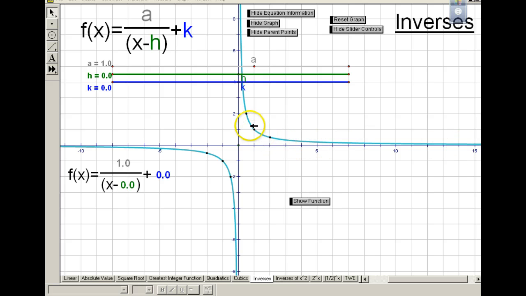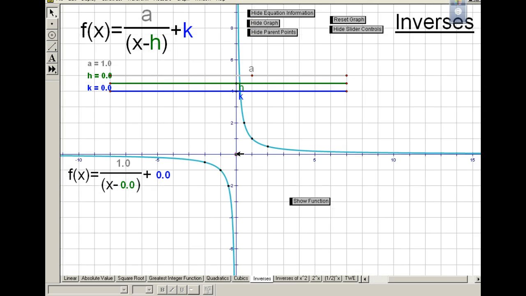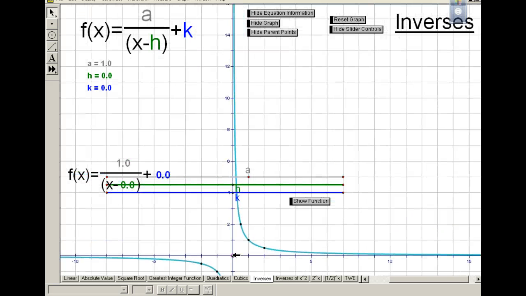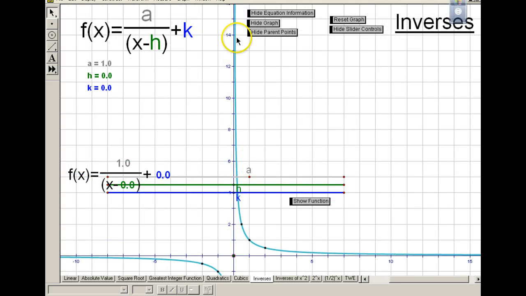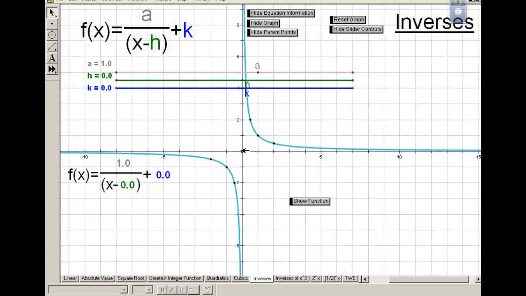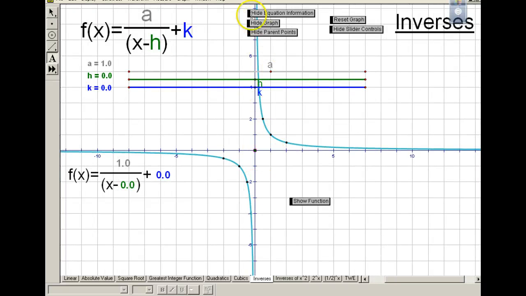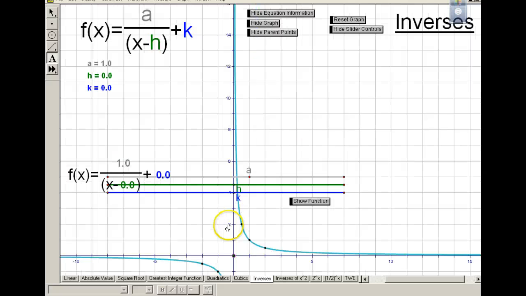If I follow it to the left, it gets higher and higher, going up to infinity, but it looks like it never actually touches the axis. It just gets closer and closer and closer. Okay? And then magically, for some reason, as it goes higher and higher, it just jumps way down here to the bottom. Okay? And we'll look at why that is in a minute.